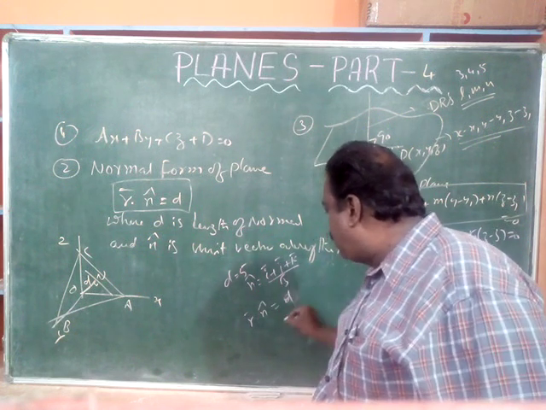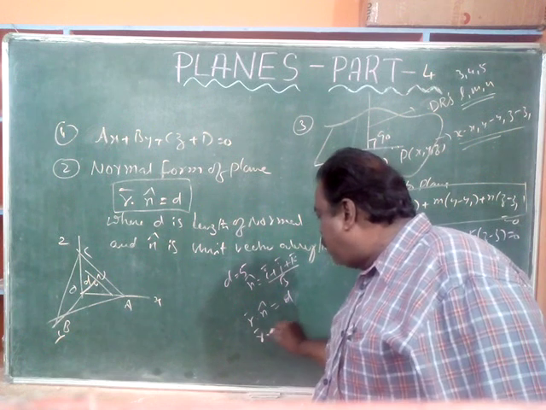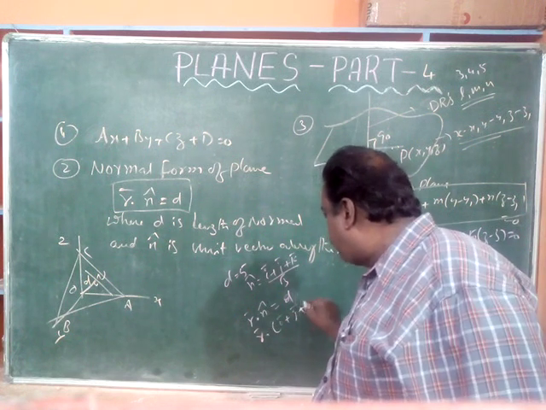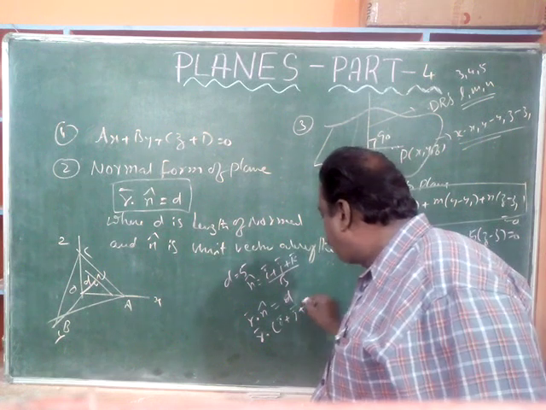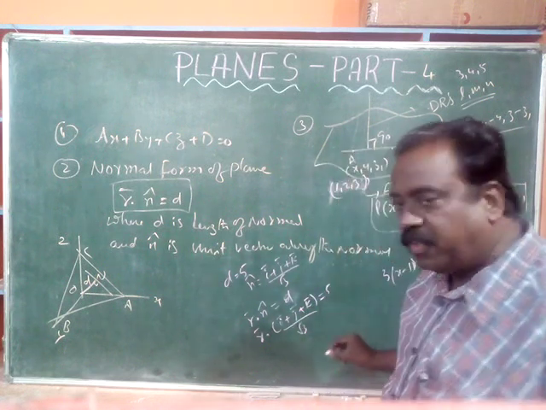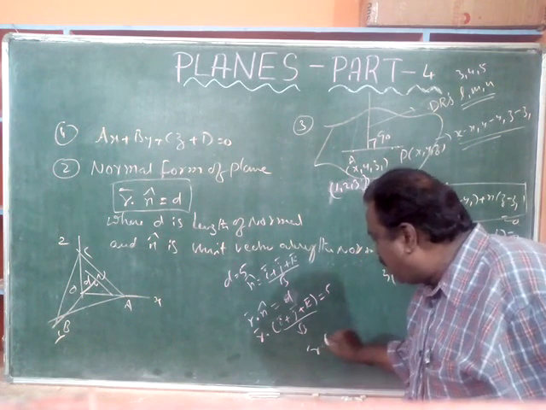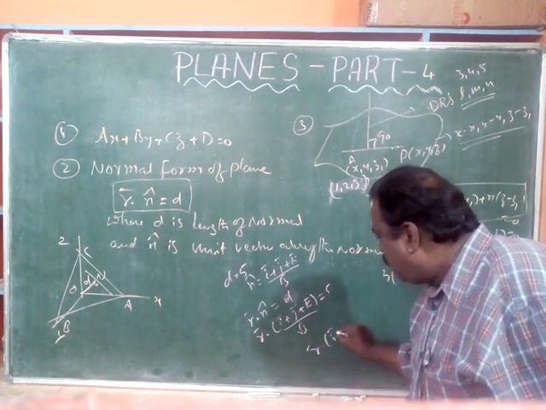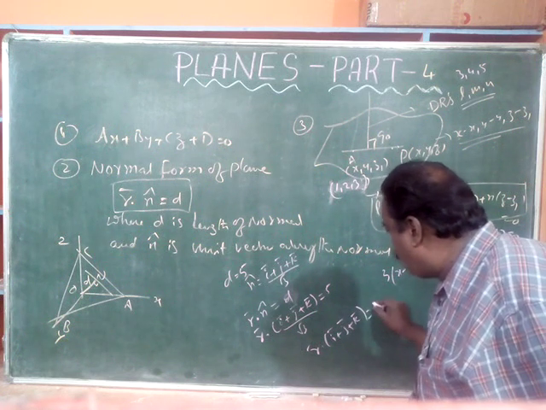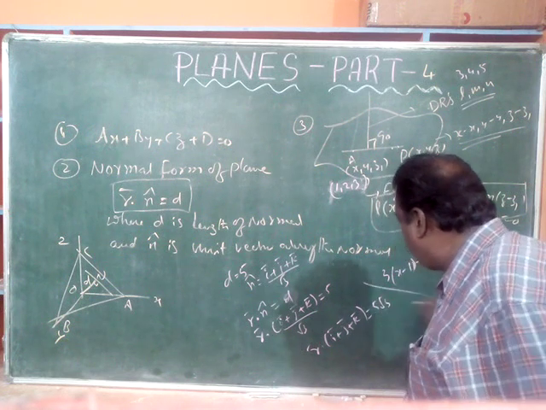D means here it is 5. R bar dot of n cap, i plus j plus k by root 3, is equal to 5. So clearly we can write it as r bar dot of i plus j plus k cap is equal to 5 root 3. Okay?